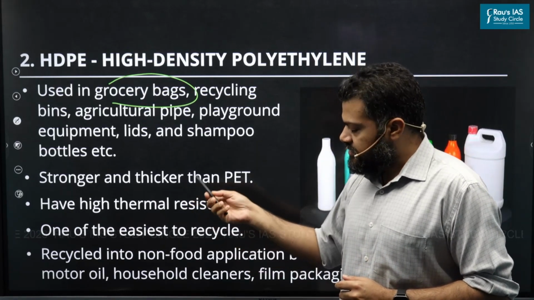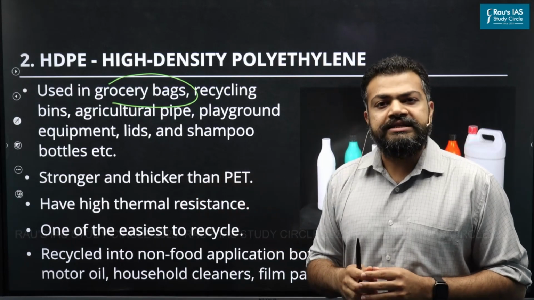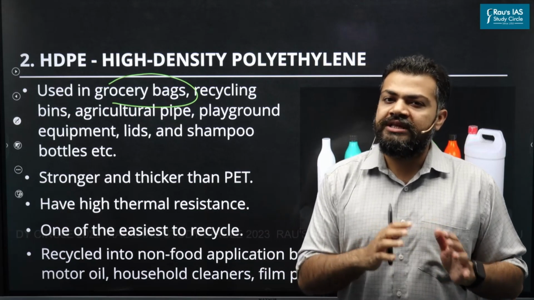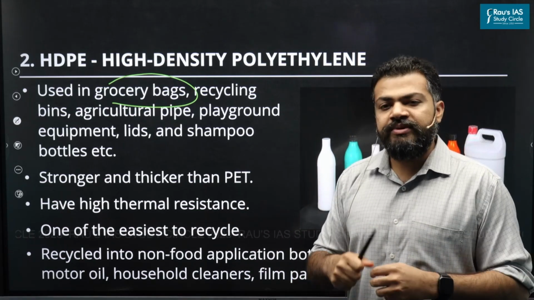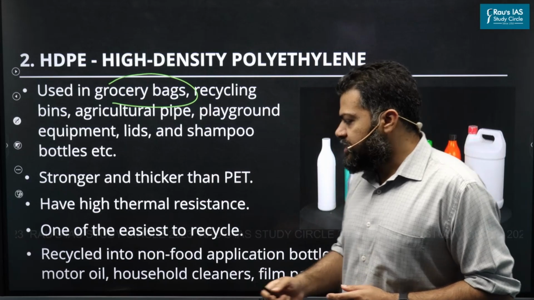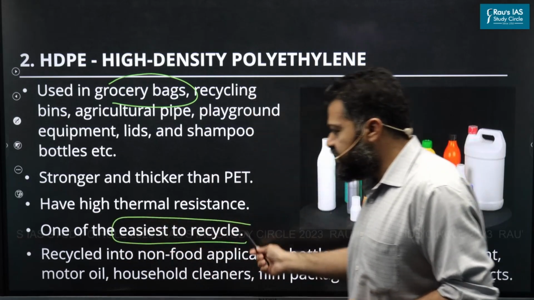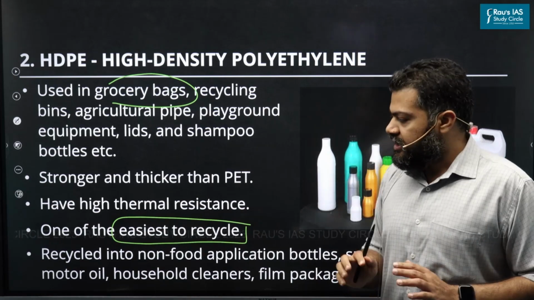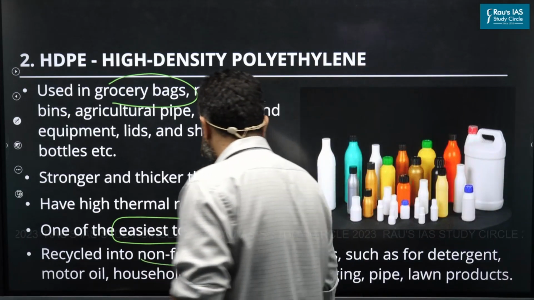Because of its soft nature, it can easily have high thermal resistance, but it is also recycle friendly because it can be molded into different forms. So it is one of the easiest materials to recycle. It shows high thermal resistance, and it can easily be recycled into non-food applications.